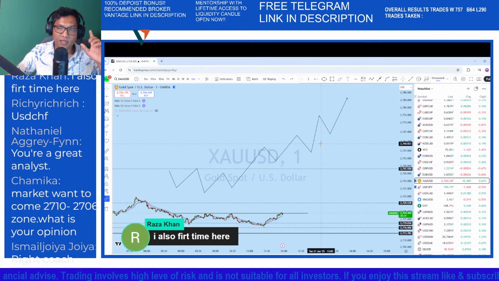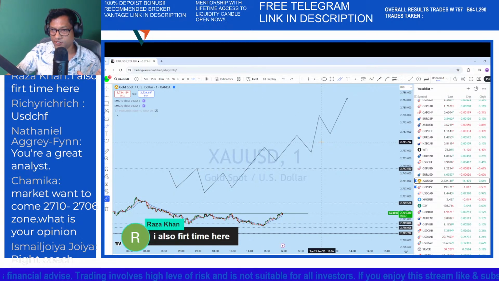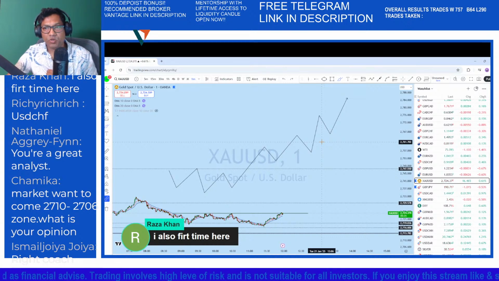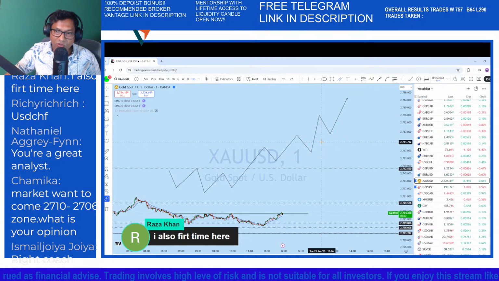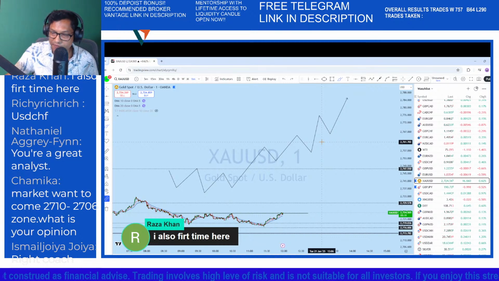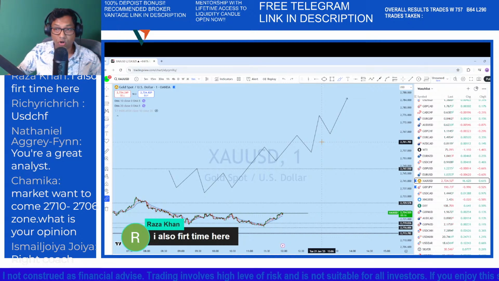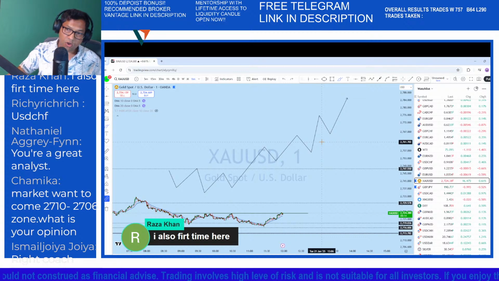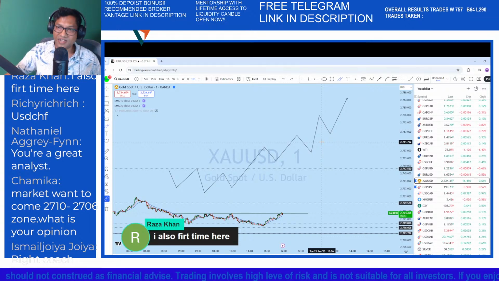The market changes trend in a couple of ways: sideways movement, then a liquidity grab, and then a breakout to change the trend. Another way is by creating a reversal pattern, such as the inverted head and shoulders, head and shoulders, double top, double bottom, or any kind of strong pattern.